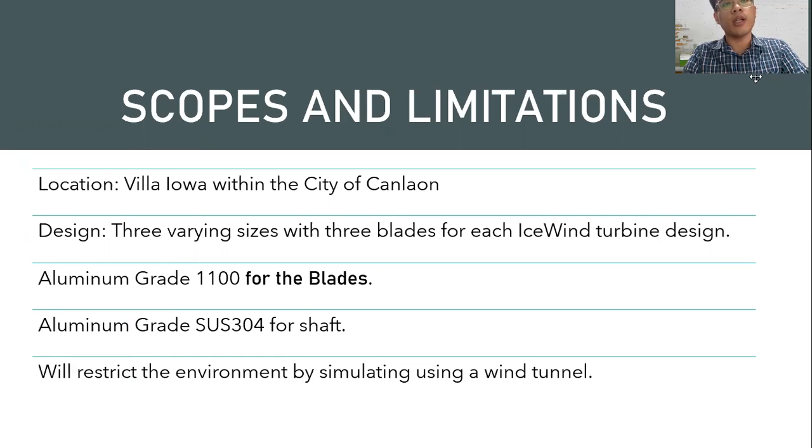For the blade material, we will be using aluminum grade 1100. And for the shaft material, we will be using stainless steel grade SUS 304. For the environment, it is restricted to simulating through a wind tunnel. Therefore, it is only limited to wind direction and wind speed.